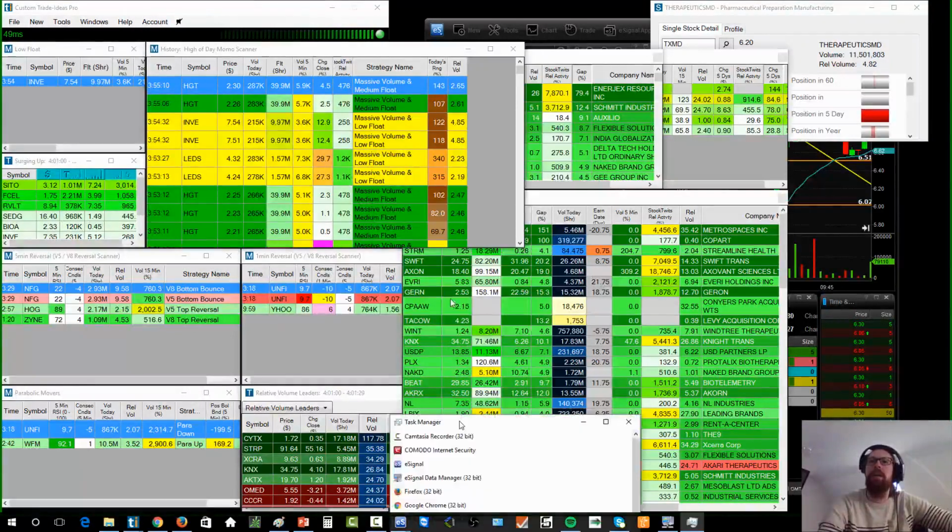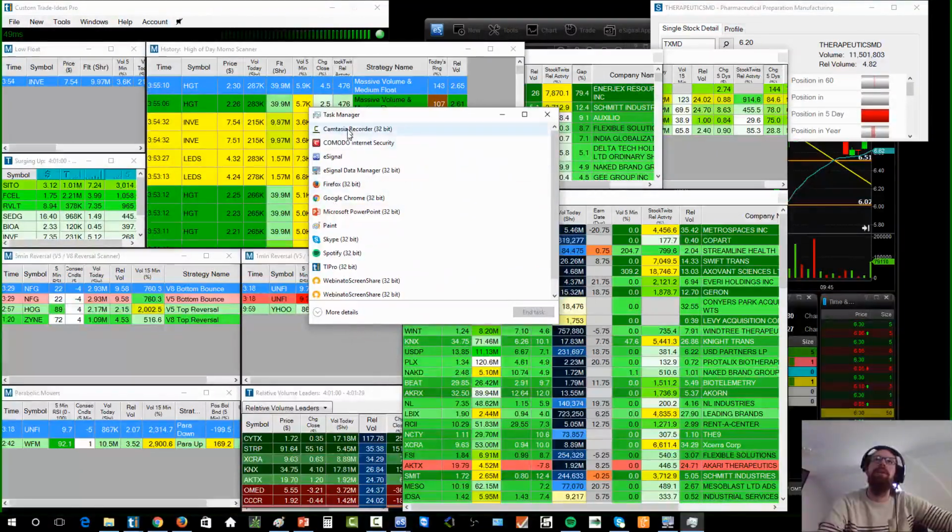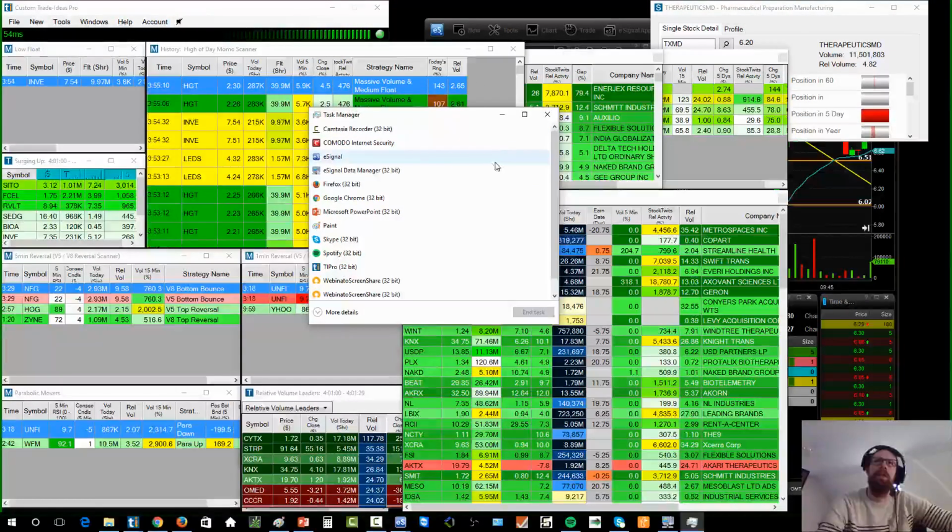If you can see right now, this is my task manager. So I've got the recorder, which is recording this, my virus scanning, eSignal, which is running pretty heavily, Firefox, Chrome, PowerPoint, Paint, Skype. Obviously, oh, actually this might be just alphabetical.